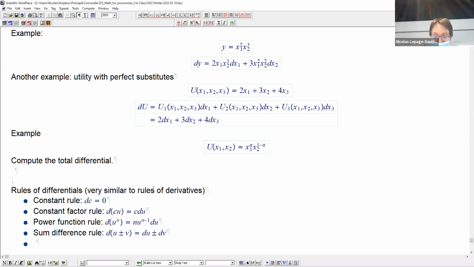Product rule, that one is famous: d(uv) equals v du plus u dv.